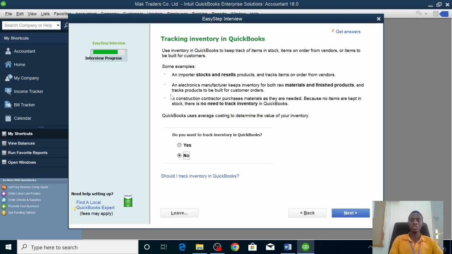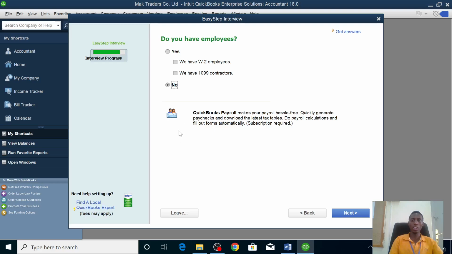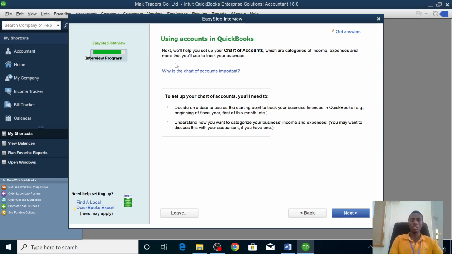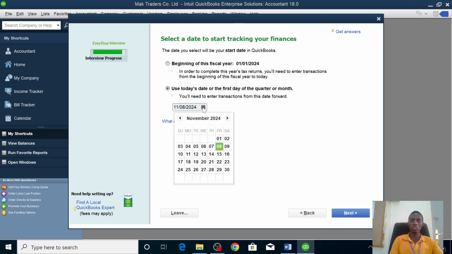Manage bills, yes. I have tracked my inventories, yes. I have workers, select yes. Then next. My financial year is not starting as 1st of January 2024, but as 1st of January 2023.